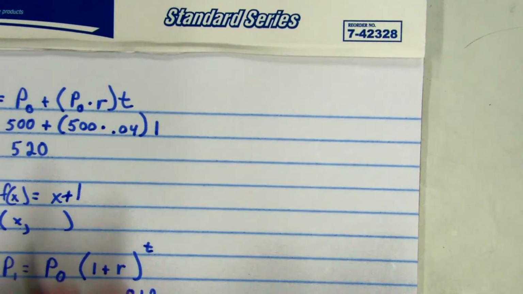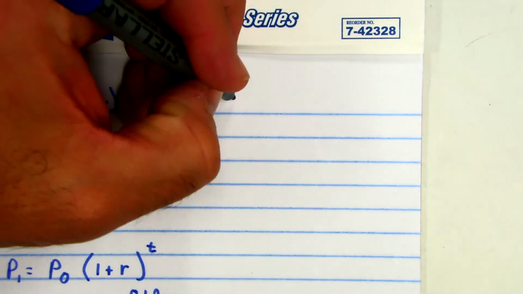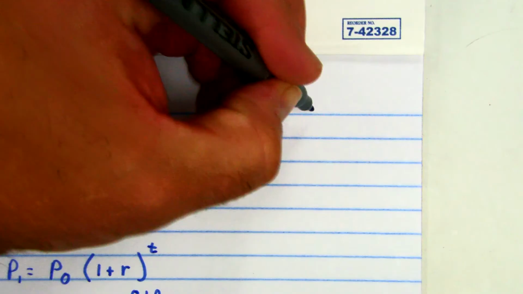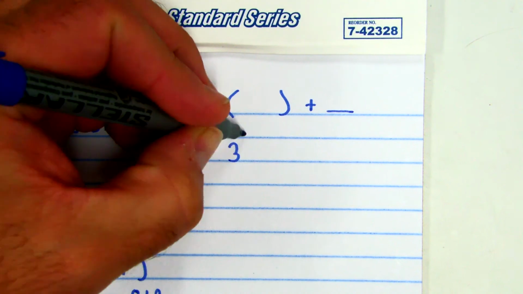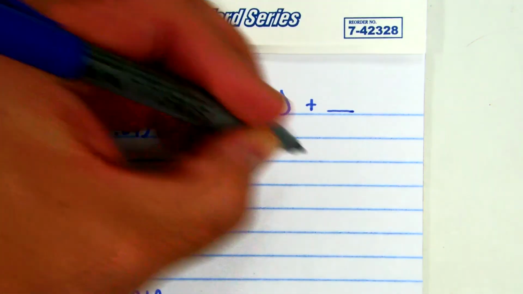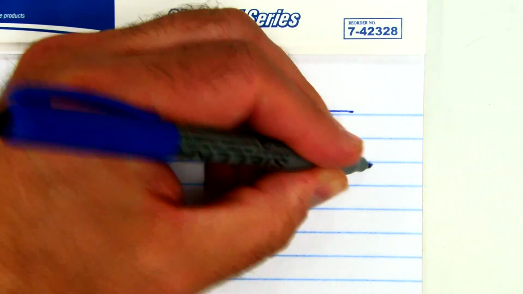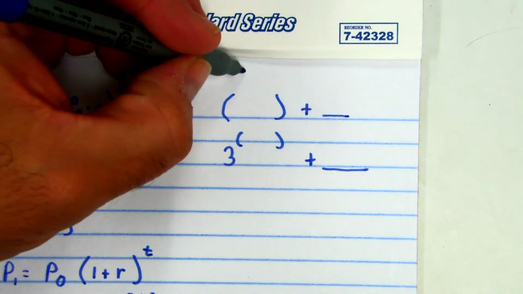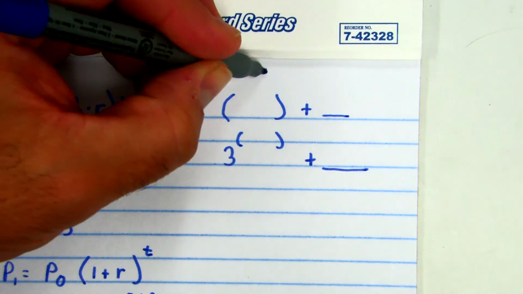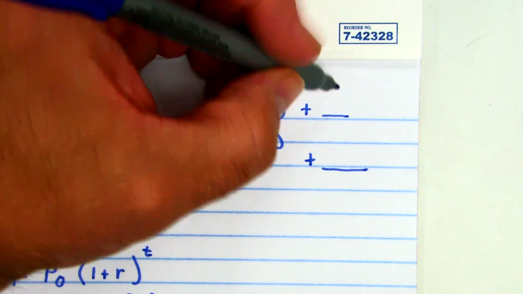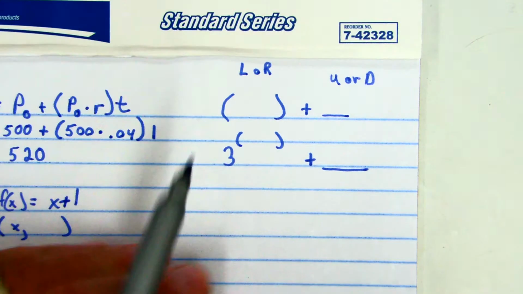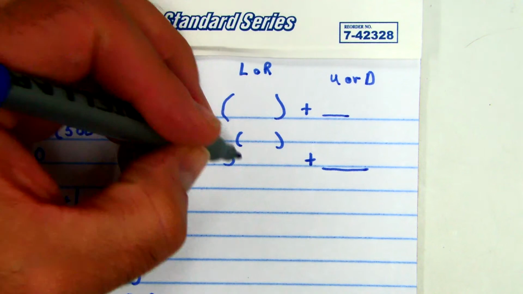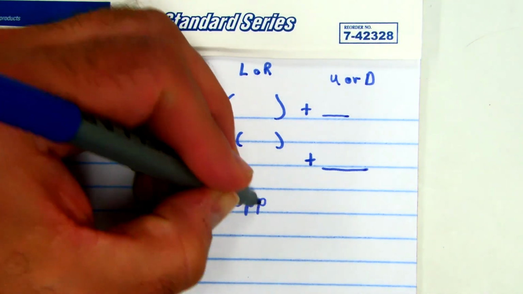When we started the test, I told you over and over again that you should start by writing this, so that you understood that what happens in parentheses is left or right. What happens outside is either up or down. And in the parentheses, everything is opposite.